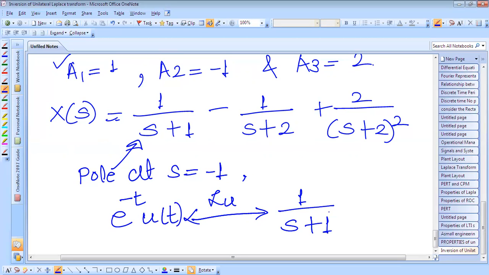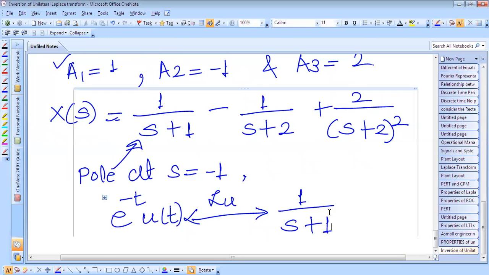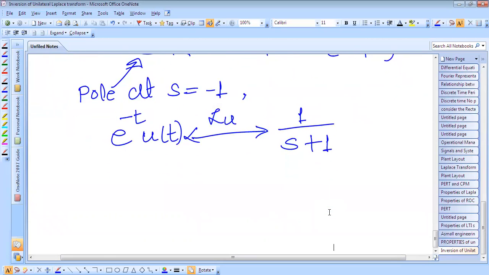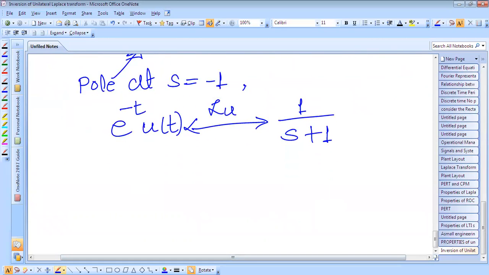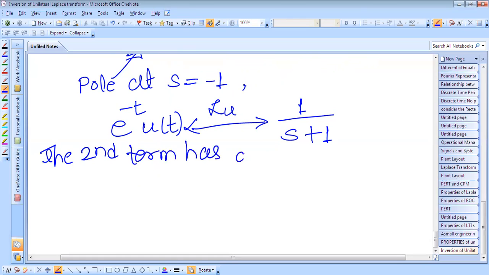Similarly, we can write for the second term also. What is the second term in the equation? The second term has a pole at s is equal to minus 2.